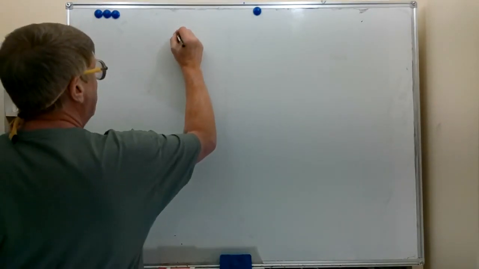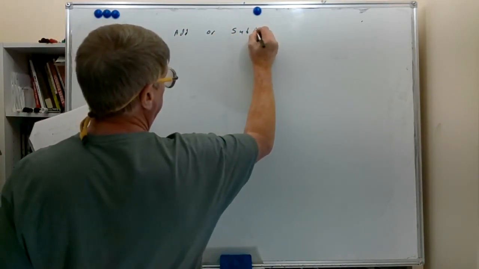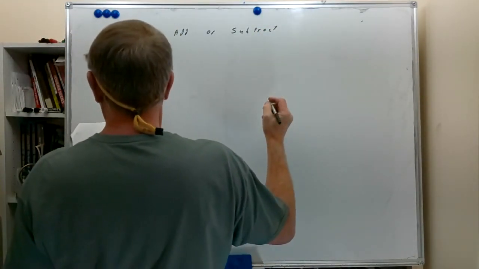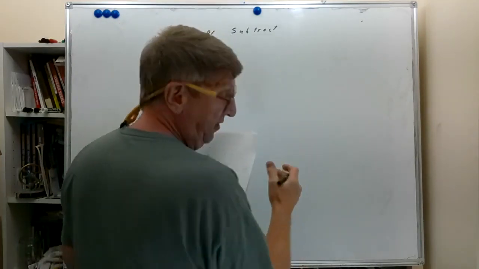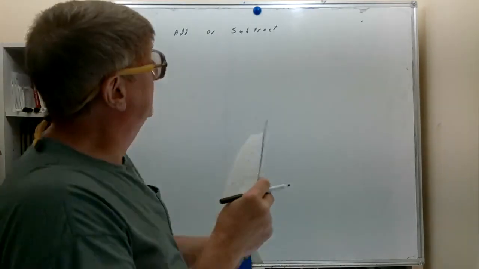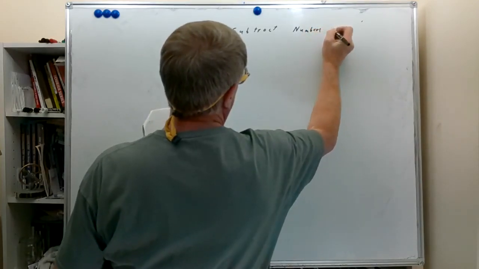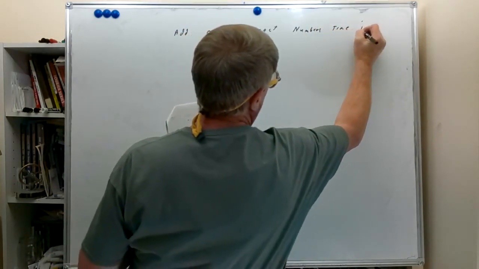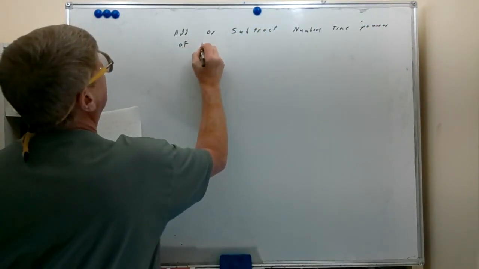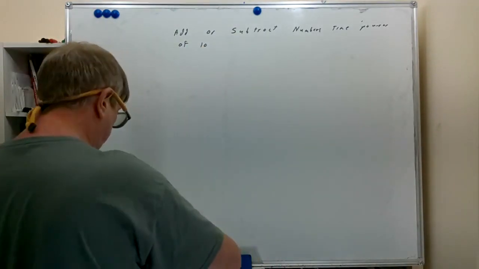Now, if we add or subtract numbers times powers of 10, the power of 10 must be the same for both.